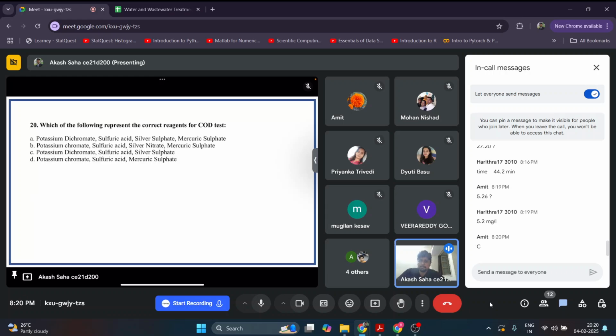Which of the following represent the correct reagents for the COD test? So we have potassium dichromate, potassium chromate, sulfuric acid, silver nitrate, mercuric sulfate, silver sulfate. So many things are there. So you have to pick the correct reagents, not the correct order.